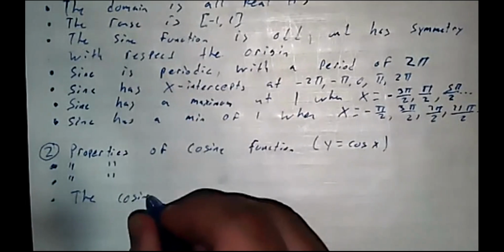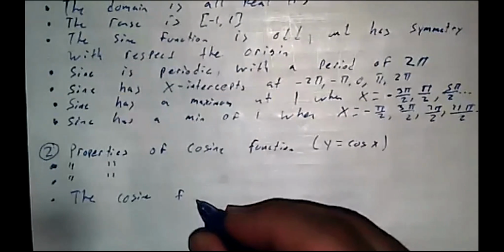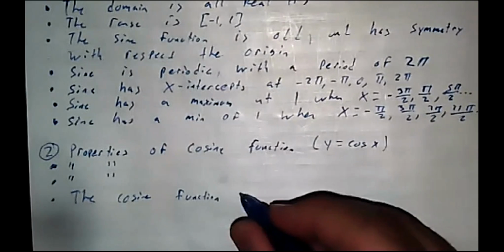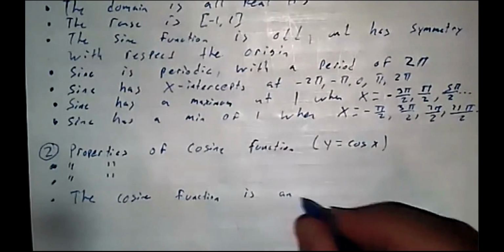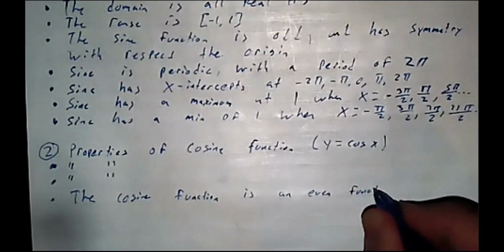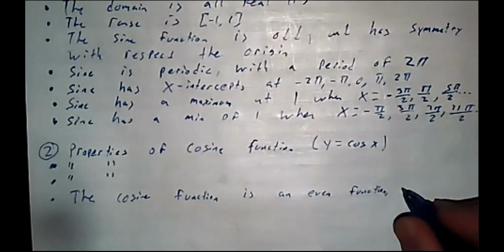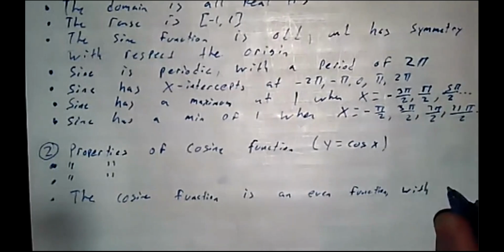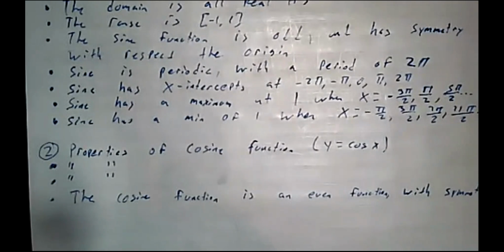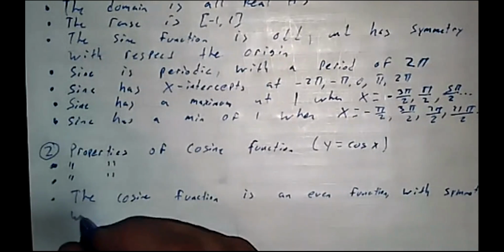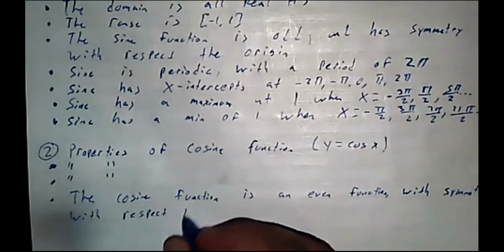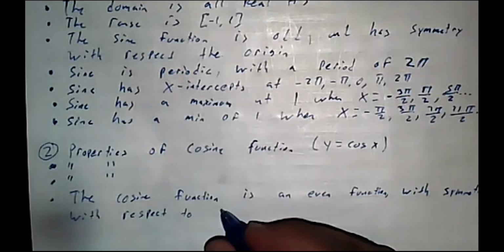The cosine function is an even function. This one has symmetry with respect to the y-axis.